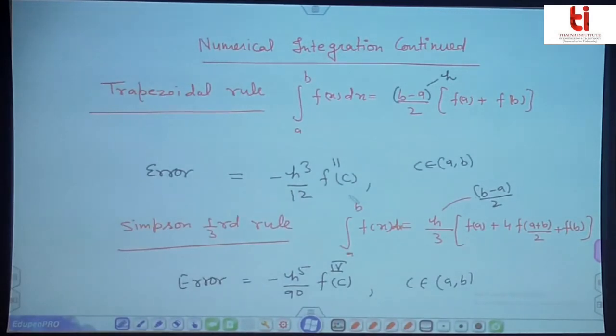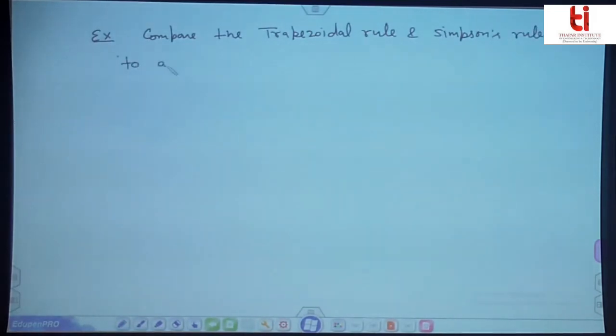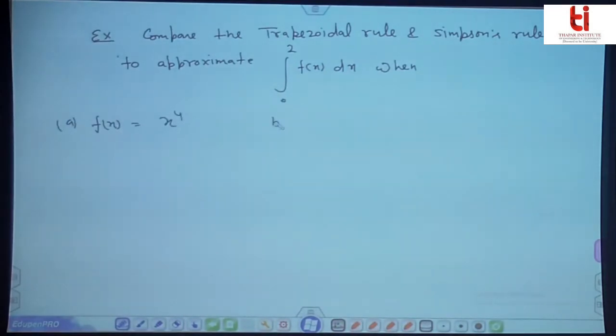Okay, so let's do an example based on it. Compare the trapezoidal rule and Simpson rule to approximate the integral from 0 to 2 of f(x) dx when f(x) is x^4 and f(x) equal to 1 upon 1 plus x.